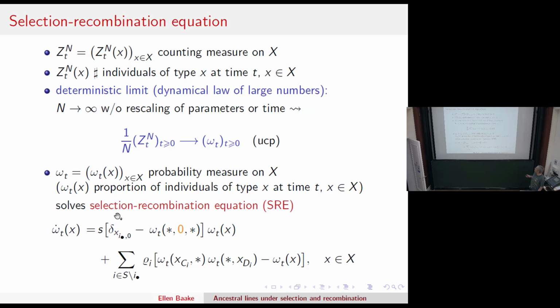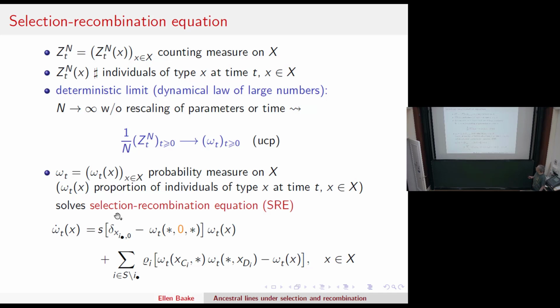And in that scaling, the process of relative frequencies will converge to omega t, and omega t is the solution of the selection-recombination differential equation, which I'm going to explain in a minute. So omega t is a probability measure on the type space, and omega t of x is the proportion of individuals of type x at time t.